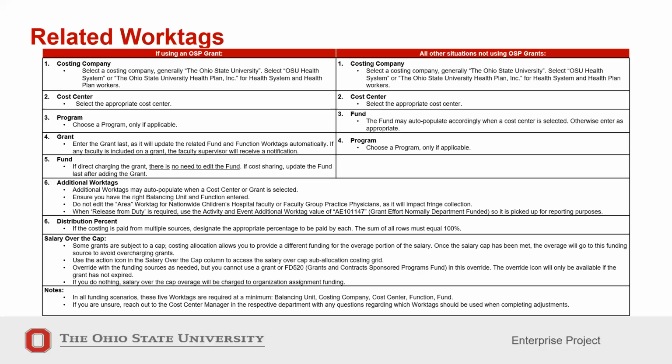If you do enter a cost center after you enter the OSP grant, the function might be incorrect and you could get an error. So again, this is just for reference, but depending on your unit, I think of the Wexner Center for the Arts, which has activities and events that have all the work tags they need on it, for them it might make sense to enter that value first to pull everything along.